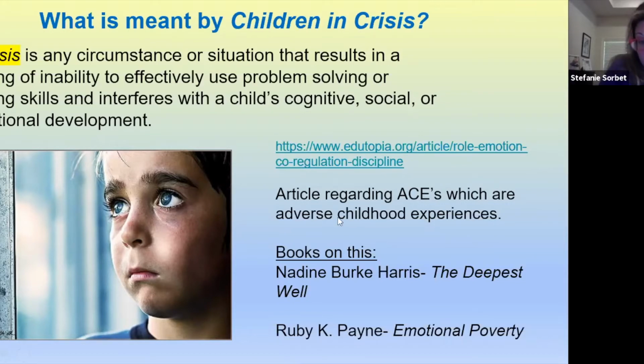There are some great websites and books on adverse childhood experiences. Nadine Burke Harris wrote The Deepest Well, and that's an excellent book that talks about ACEs and how we as adults still cope and deal with trauma from our childhood experiences and the effects it has long term. And Ruby Payne has written Emotional Poverty, and that's another great read.